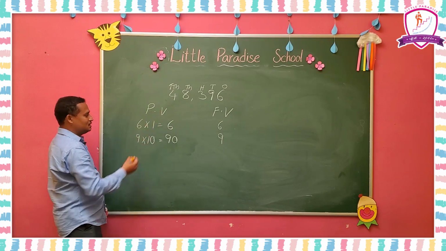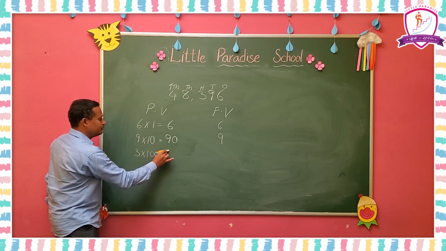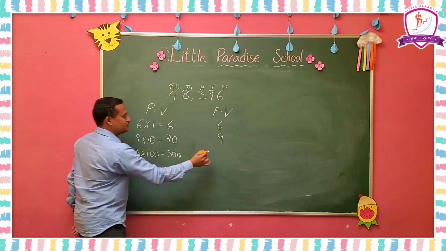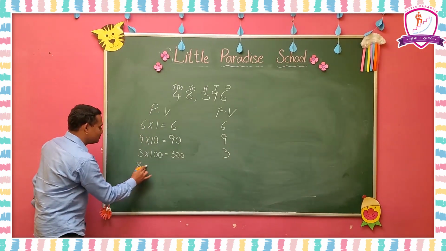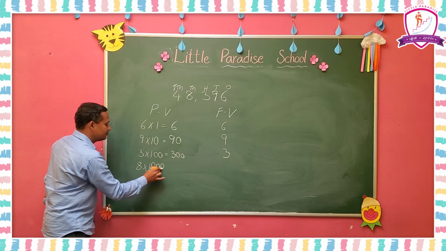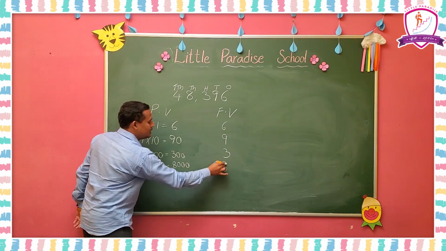Okay. Here 3 is in the hundreds place, so we can write 3 into 100, 300. The face value of 3 is 3 only. And like that, 8 in the thousands place, so 8,000. The face value of 8 is 8 only.